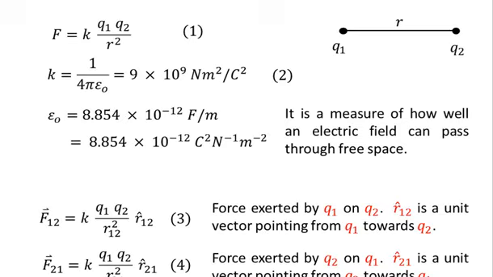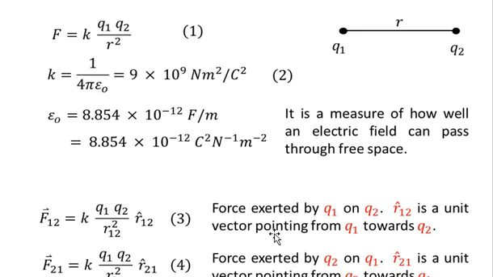In vectorial form, I can write equation number 1 in the following form. So F12 is equal to K into Q1 Q2 over R12 squared multiplied by the unit vector R12, where the unit vector specifies the direction of the force 1-2. And this is the force exerted by Q1 on Q2.